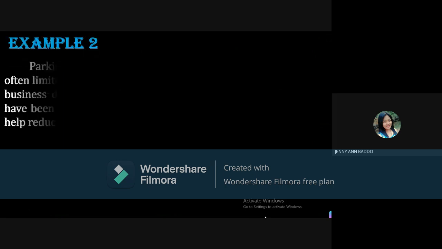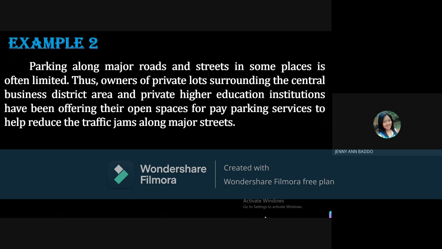Next example. Parking along major roads and streets in some places is often limited. Thus, owners of private lots surrounding the central business district area and private higher education institutions have been offering their open spaces for pay parking services to help reduce the traffic jams along major streets.